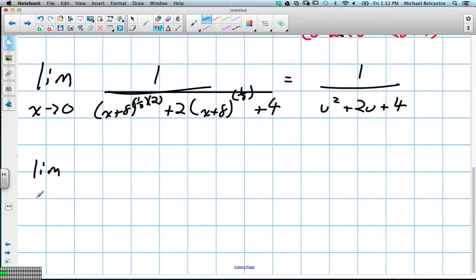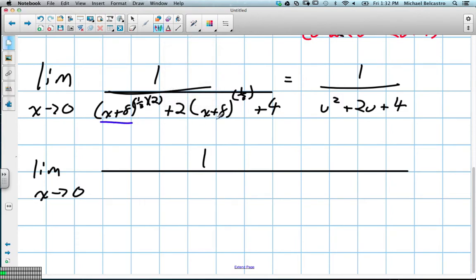Our limit as x approaches 0 is still 1 over. But what this gives us now is we can plug in our value of 0 to help simplify this, because when we plug 0 in, we'll no longer have 0 on the bottom of the equation. We know we'll have at least the value of 4.